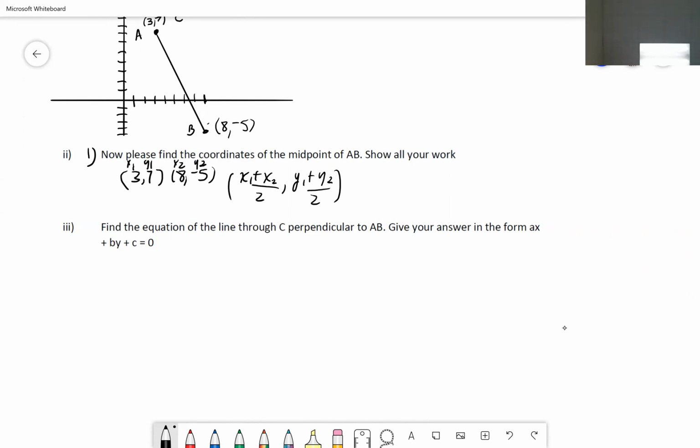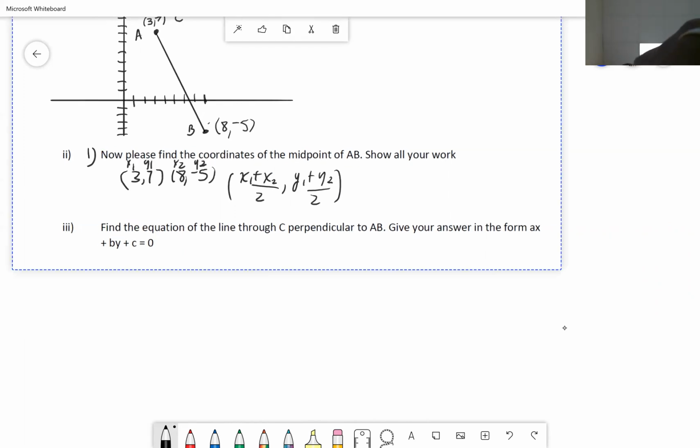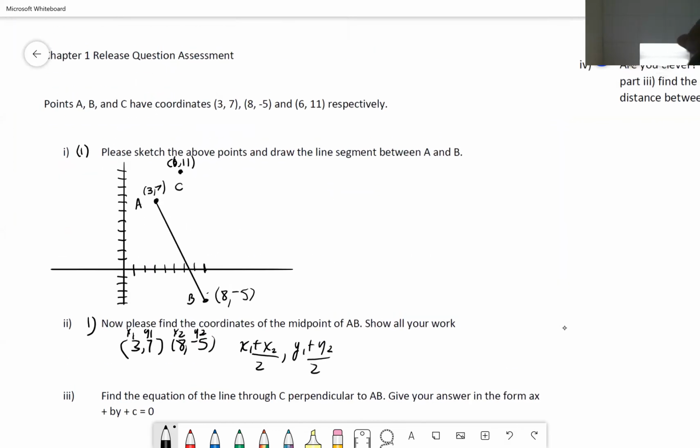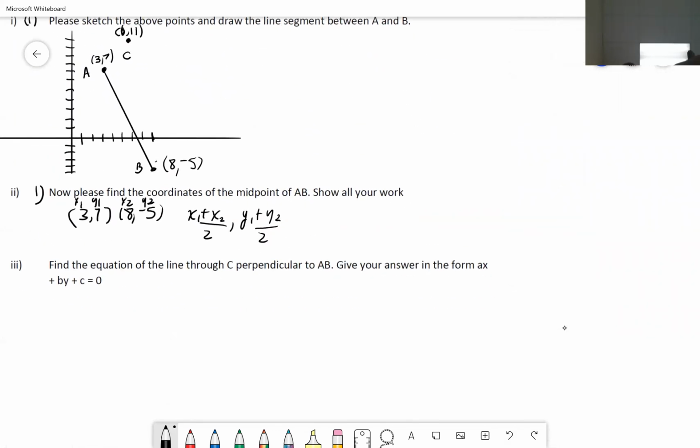Okay. So I'm going to go ahead and do that. And that's going to be 3 plus 8 divided by 2. And 7 plus negative 5 divided by 2. So let me use my calculator, which is in my bag.